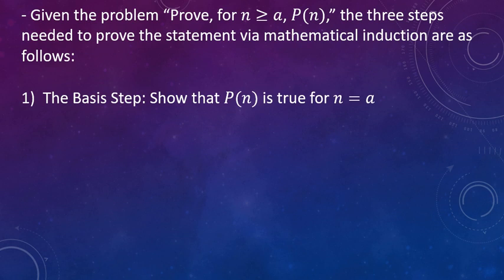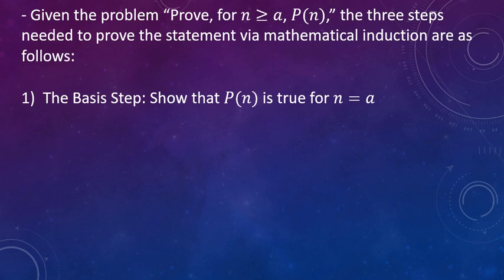But for the most part, we'll be working with problems where something is equal to something else. And what you're doing in this basis step is you're taking your a value, that first value that you have to verify, and you plug it into both sides of your mathematical facts, and you show that the left and right hand sides are equal to each other.